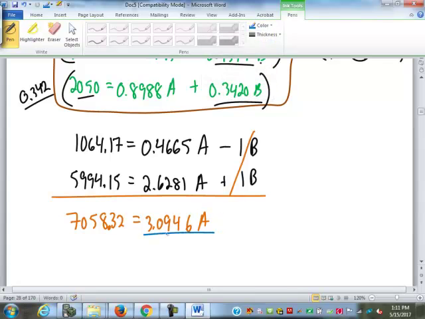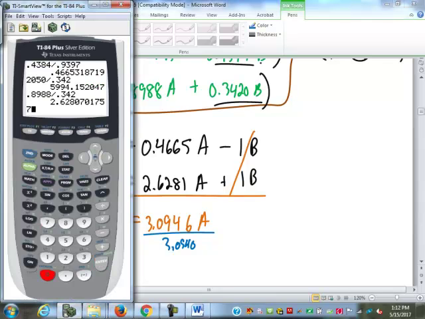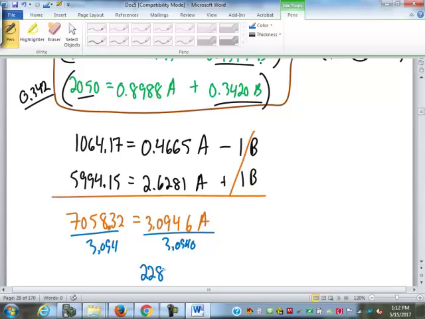So I'm going to divide by the 3.0946. So 7058.32 divided by 3.0946 is 2280.85. We're just going to call it 2281.